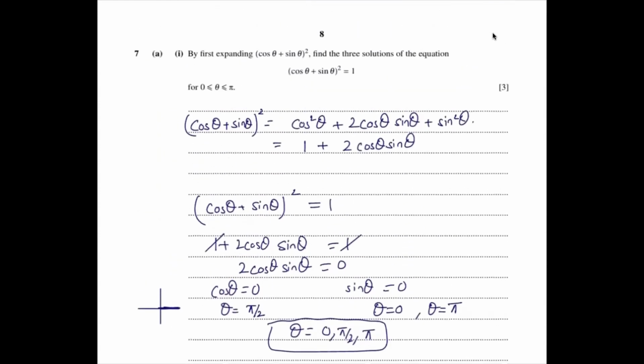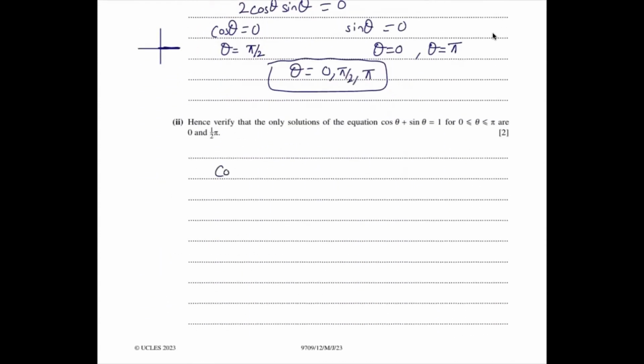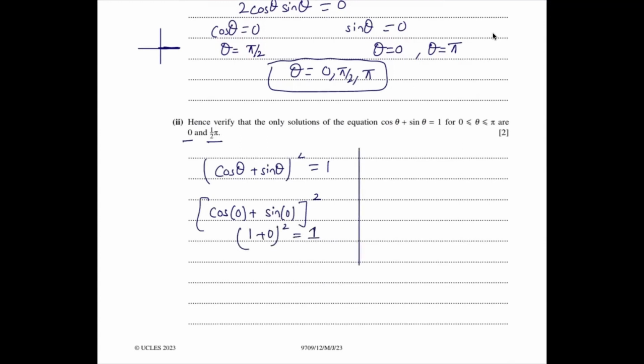So if we take 0, cosine of 0 plus sine of 0 the whole thing square, cosine of 0 is 1 and sine of 0 is 0. So 1 plus 0 the whole thing square, that is 1.